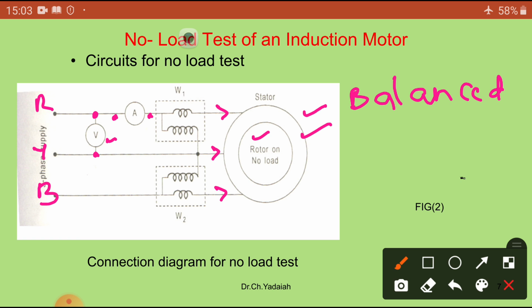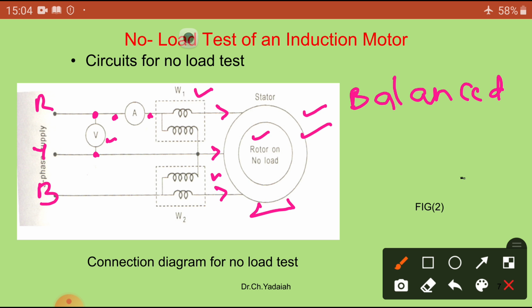So, whatever the current in one phase, that will be similar in the remaining phases, and the voltages between the R and Y phases, Y and B phases, and B and R phases are equal. And here we connected W1 and W2 in between the two phases. The two wattmeter method we are going to adopt here to find the power taken by the motor.